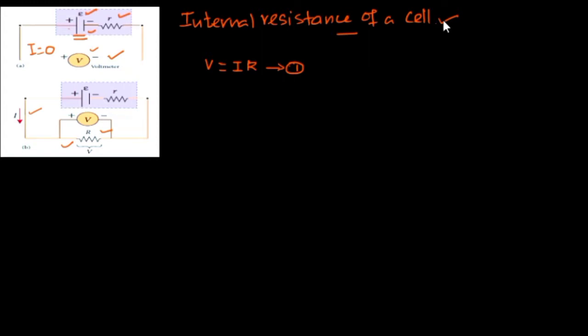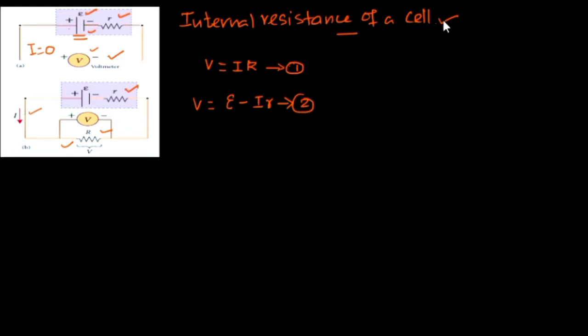In fact, because of the internal resistance of the cell r, V is equal to epsilon minus I into r. This is equation number 2. Is it clear for you?